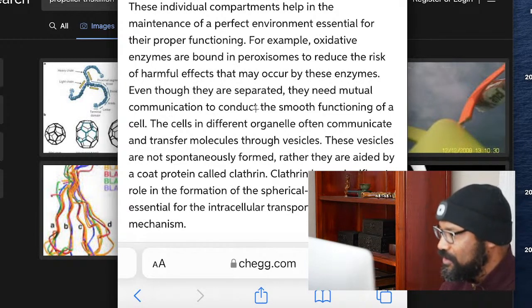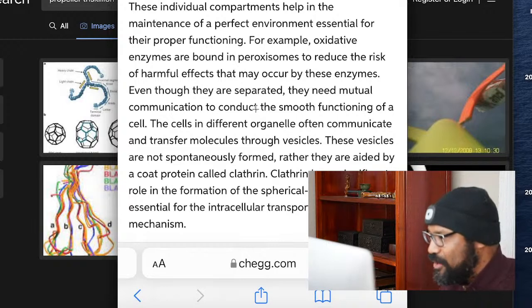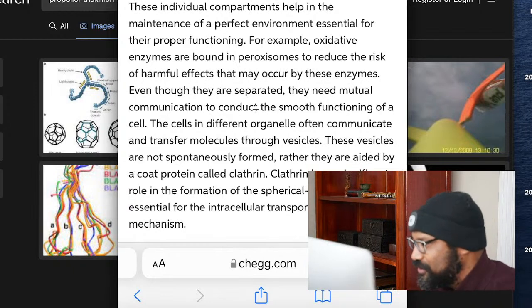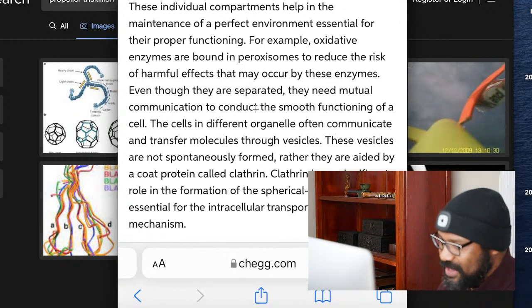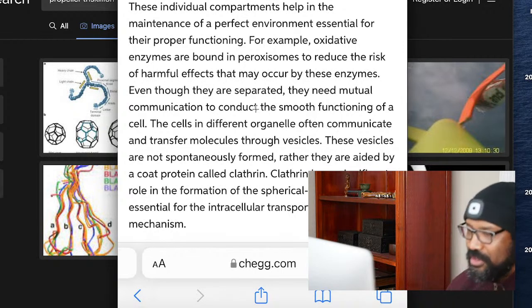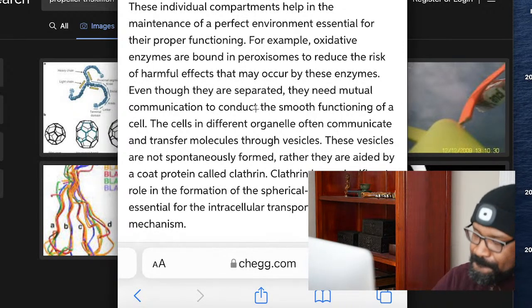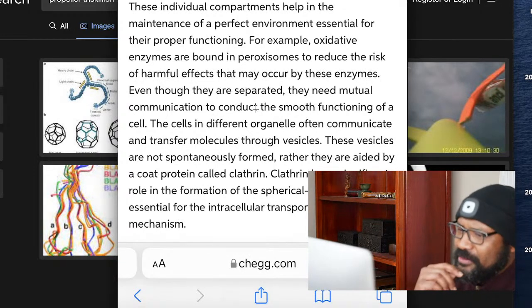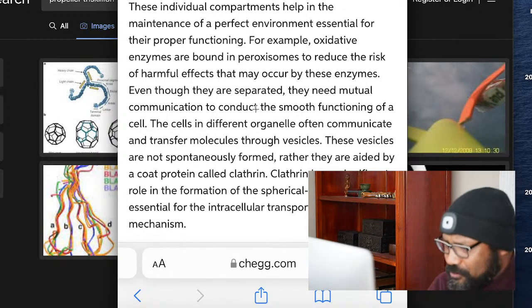For example, oxidative enzymes are bound in the peroxisomes to reduce, forgive me for butchering that, the risk of harmful effects that may occur by these enzymes. Listen to what this says. Even though they are separated, they need mutual communication. Interoperability. Could it be that a great scientist created this? Could it be that great scientist that they call Mr. David Schwartz?